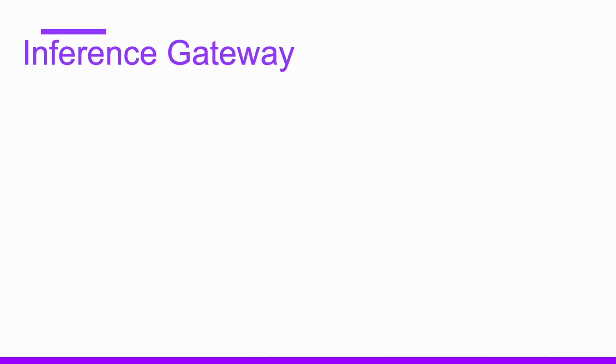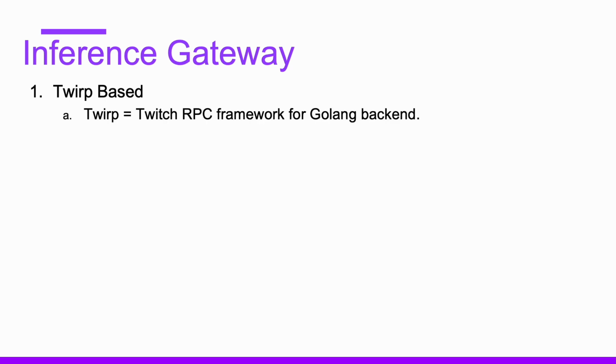Another solution we have is Inference Gateway, because online inference is the key to real-time. It serves and manages most of our online models. It is TERP-based, where TERP is our Twitch RPC framework for Golang backend.